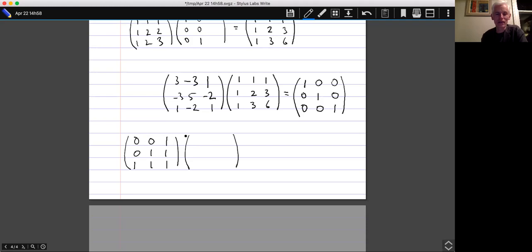So for the first column, I want 1, 0, 0 to be a combination of these. I'll have to take the third column, I have to take a 1 there to get this 1 to work.